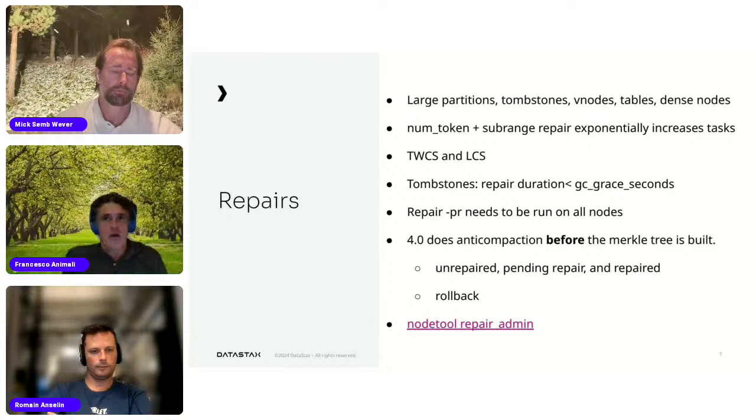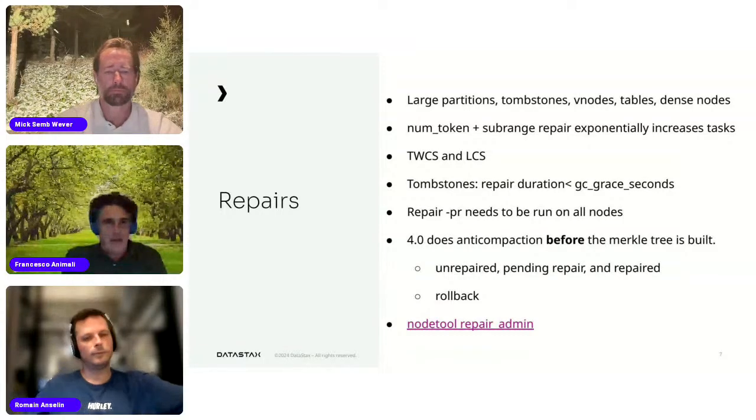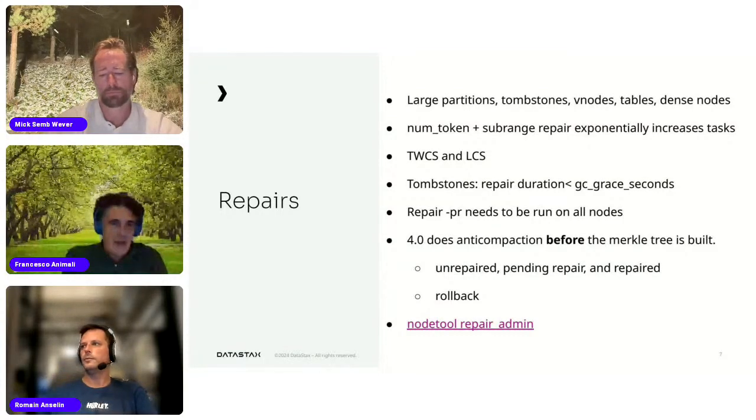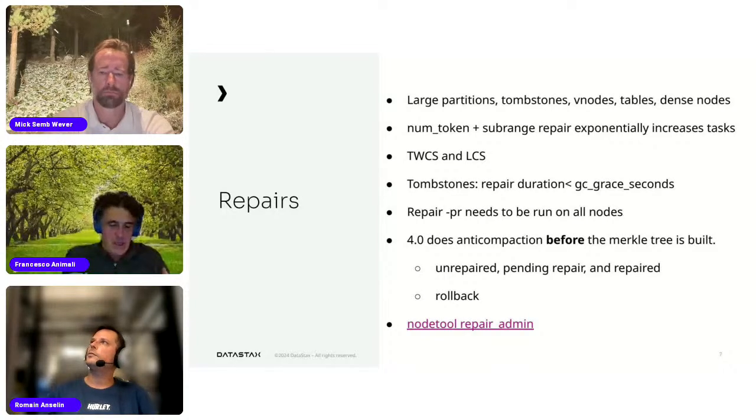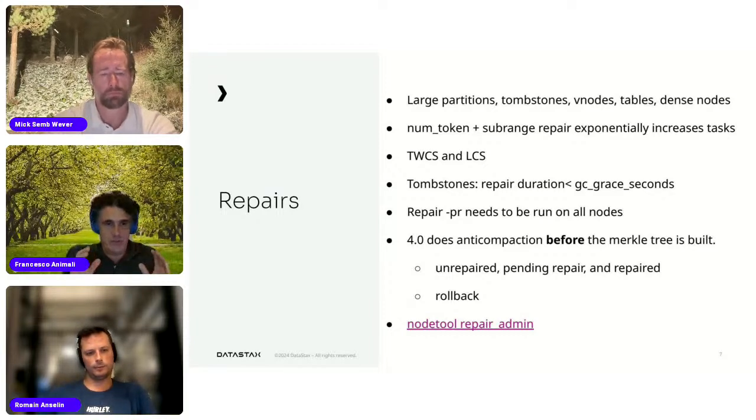So that's what repair is. Repair is a background process that will ensure consistency. What it does is it will go partition by partition, node by node, and ask the nodes: what's your version of this piece of data?